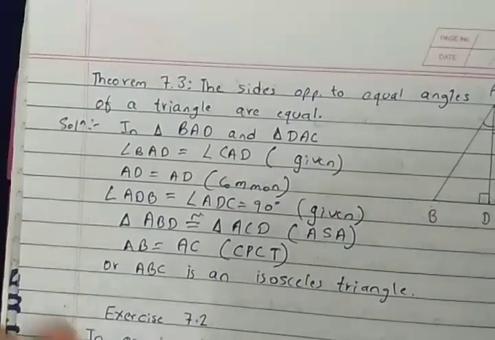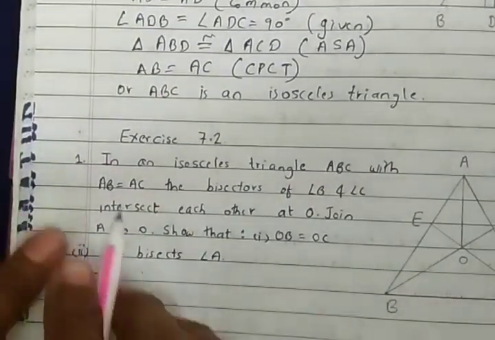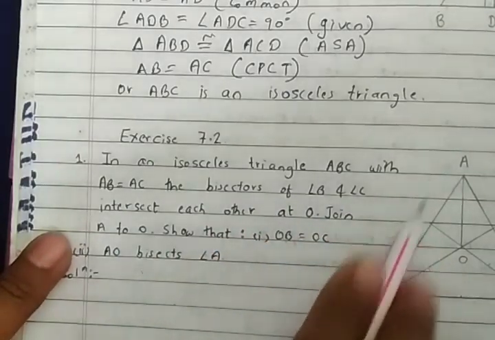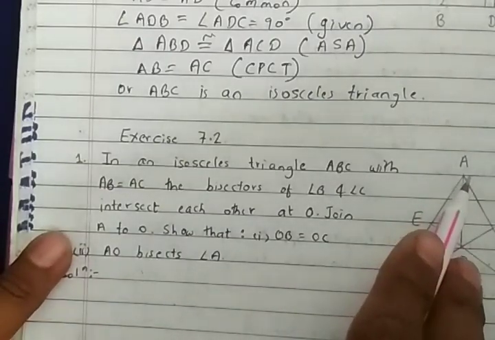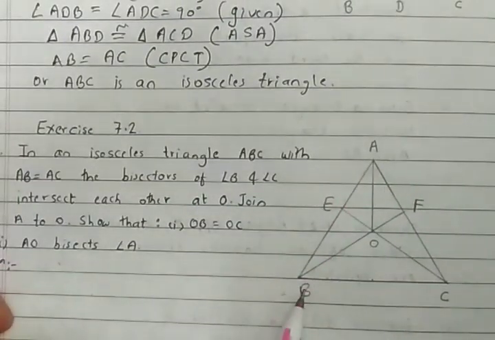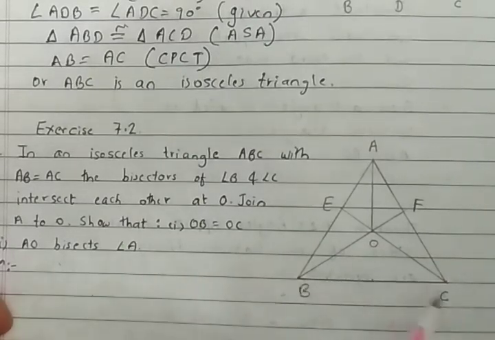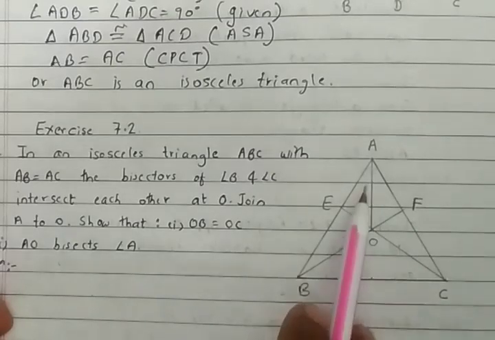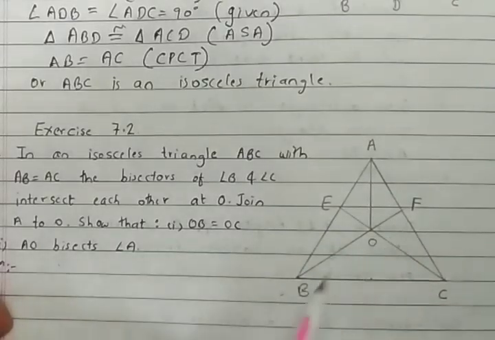Now let's start with exercise 7.2. We'll solve the first sum, which says that in an isosceles triangle ABC with AB and AC both being equal to each other, that is, the length of AC is equal to the length of AB, and from B there is one perpendicular bisector to AC.